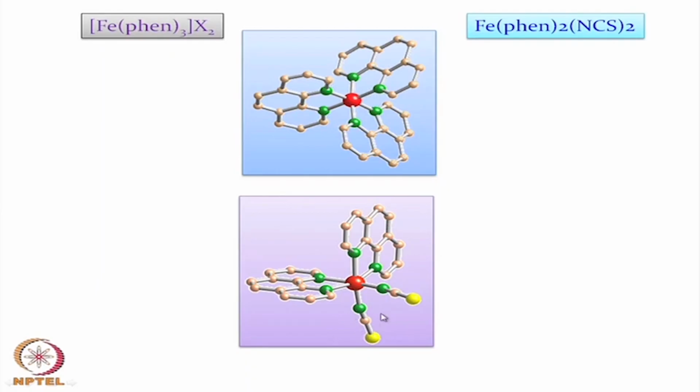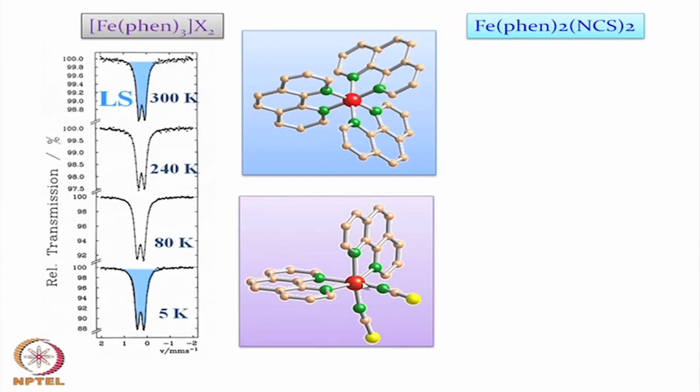But already we have seen from the spectrochemical series that the position of the thiocyanate groups is different compared to phenanthroline, because the phenanthroline ligands are stronger compared to the thiocyanate ligands. So, we are providing a slightly weaker crystal field around this particular iron, again in the ferrous state.